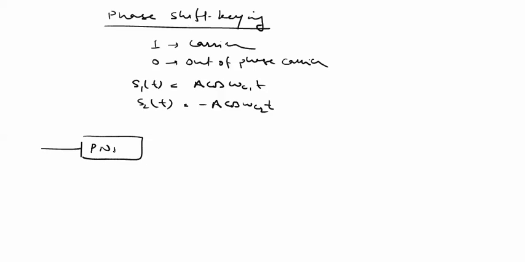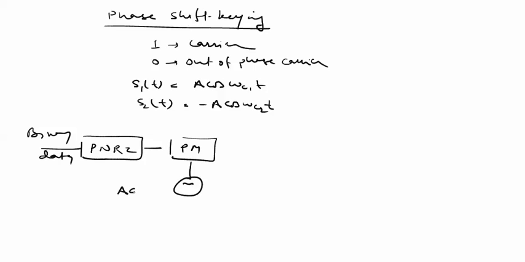The block diagram of this is: polar NRZ binary data, we apply a product modulator here, PM or multiplier, multiply with A cos omega c t, and then BPSK.